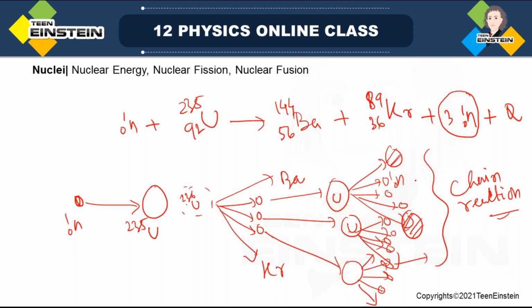In the nuclear power plant, where energy like electricity is produced, the nuclear fission is happening in a controlled manner.